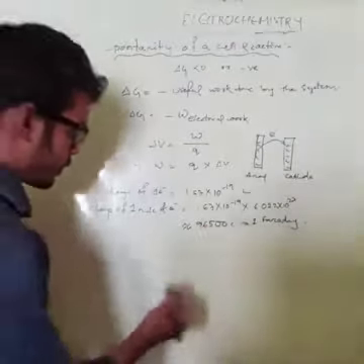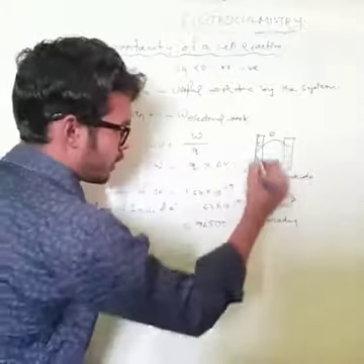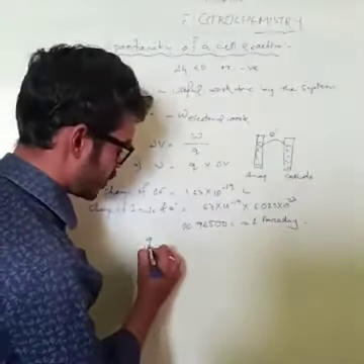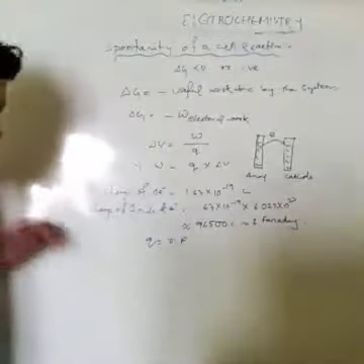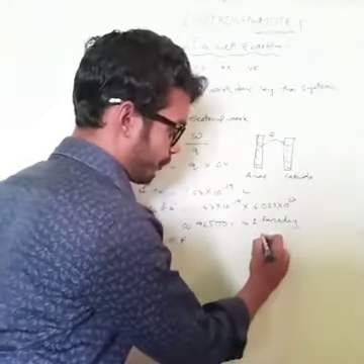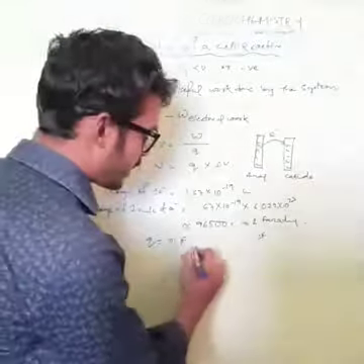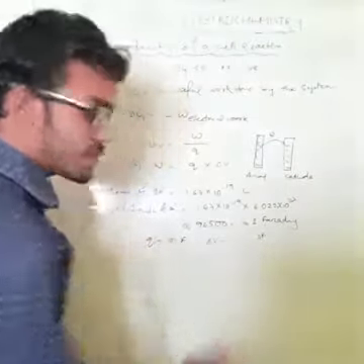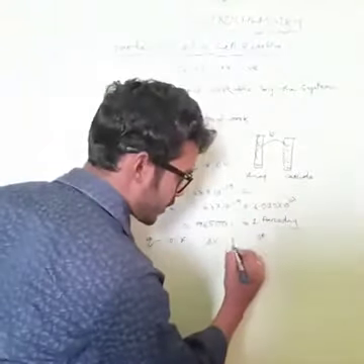Suppose n moles of electrons are transferred from anode to cathode. For 1 mole the charge is 1F, so for n moles the charge is nF. Del V is the potential difference, and here we write the potential difference as E cell.